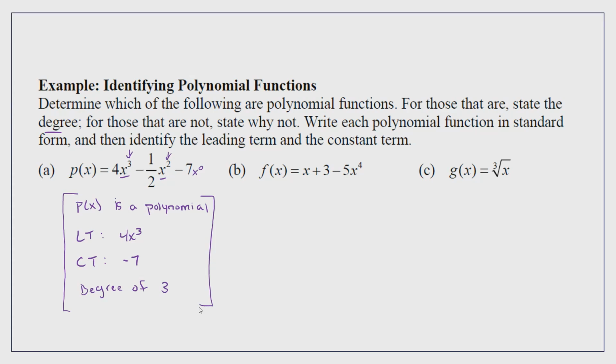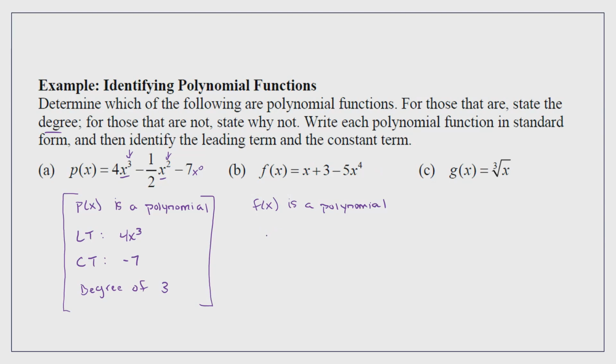Well, we have one variable. All of the powers are integers, and we have constants as our coefficients. So f of x is a polynomial. So the leading term is hard to find in this format because we notice here that our powers are not in descending order.